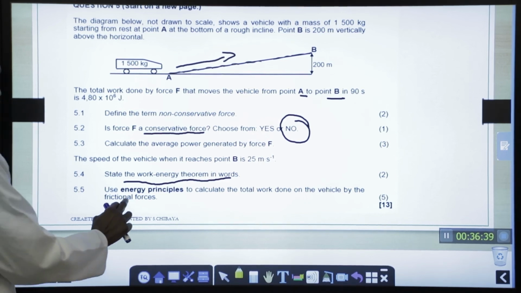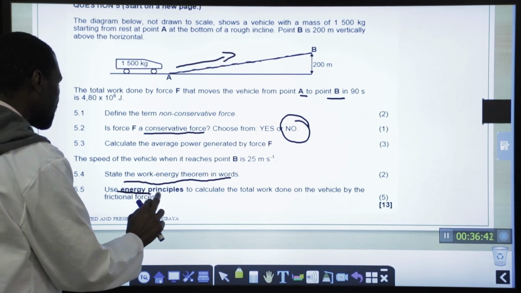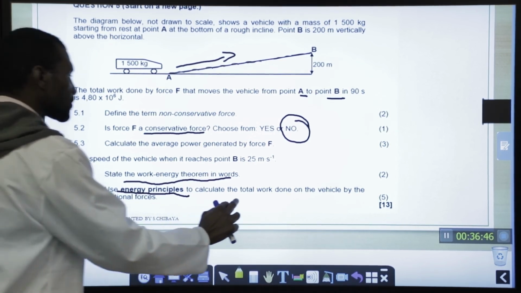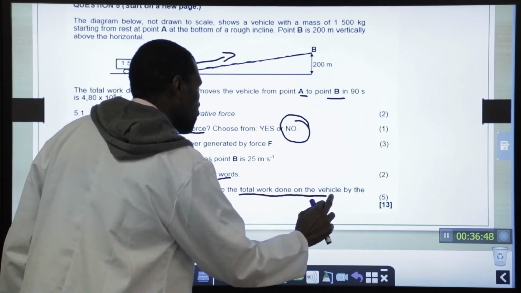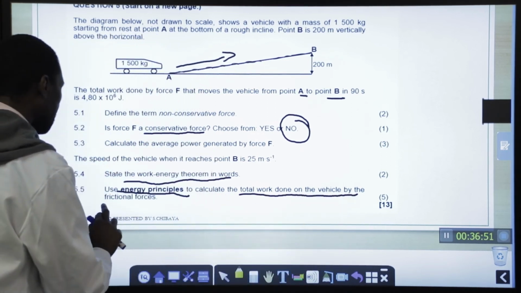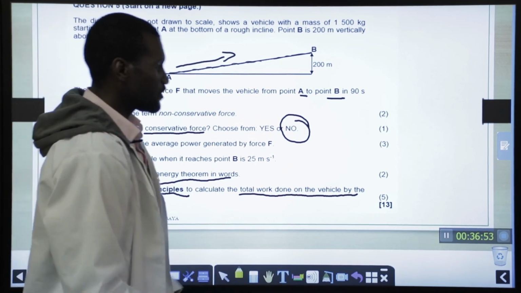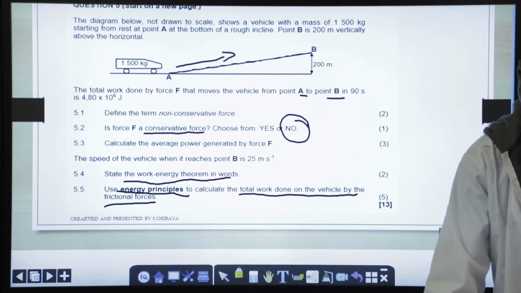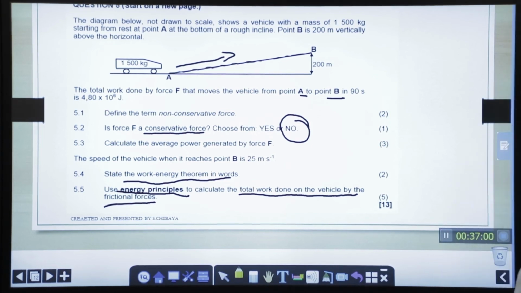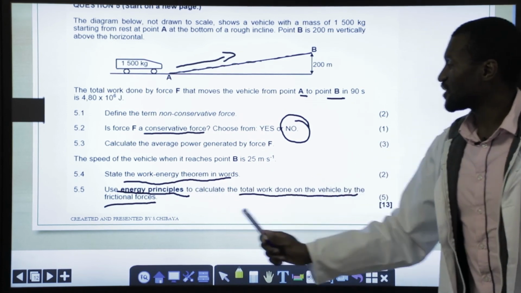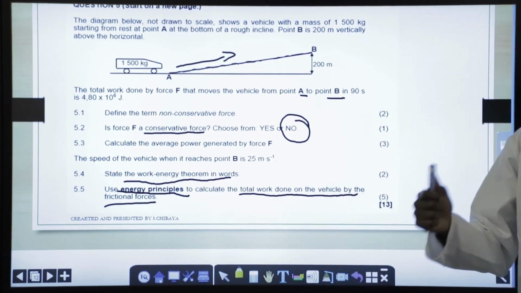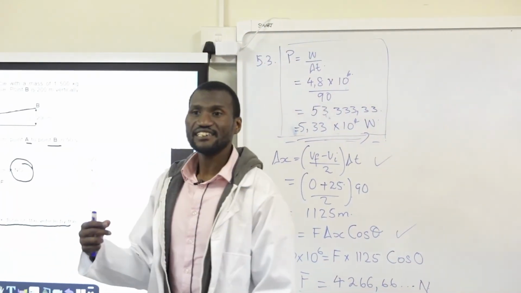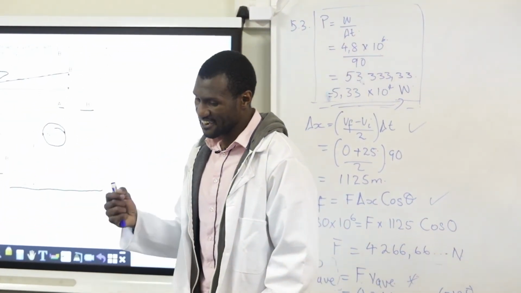So we need to use, this one is specific, we need to use energy principles to calculate the total work done on the vehicle by the frictional force. We need to use the work energy theorem.